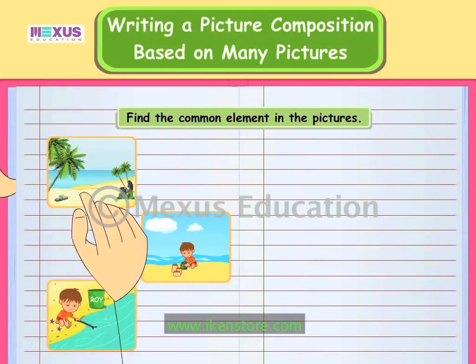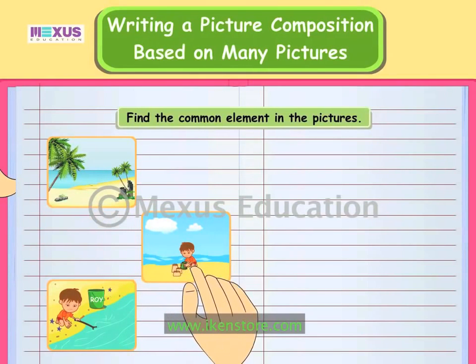In the first picture, we can see a lovely beach with some coconut trees. In the second picture, we can see a boy building a sand castle on the beach. In the third picture, we can see a boy playing in the water on the beach. From these images, it is clear that the beach is the common element in all the 3 pictures.